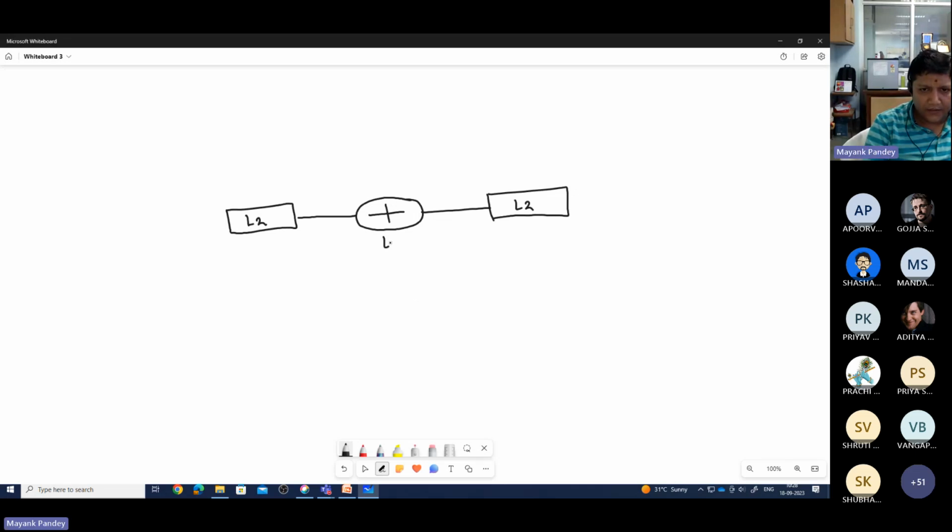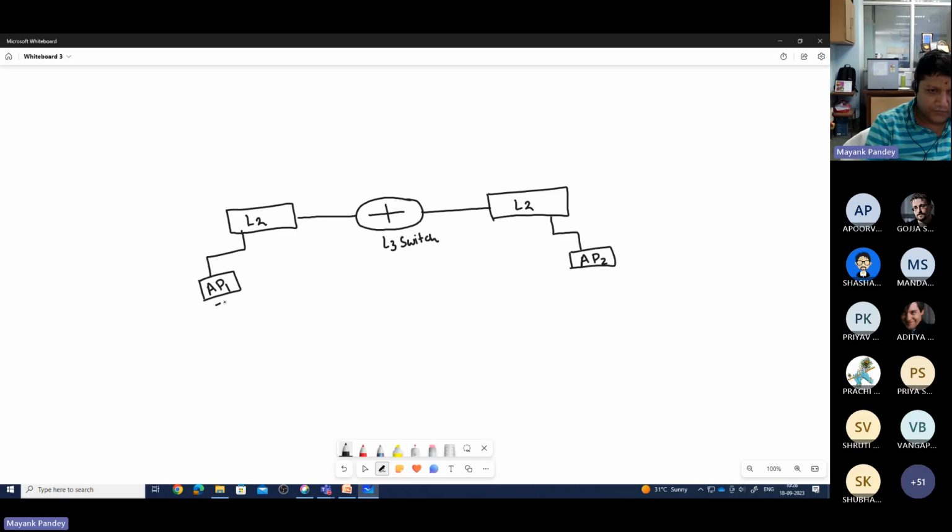A router, or it can be a L3 switch. This L2 is connected with one access point, AP1, and this is connected with another access point, AP2.